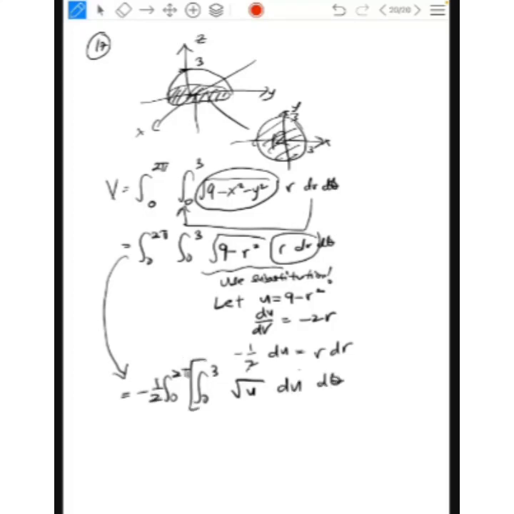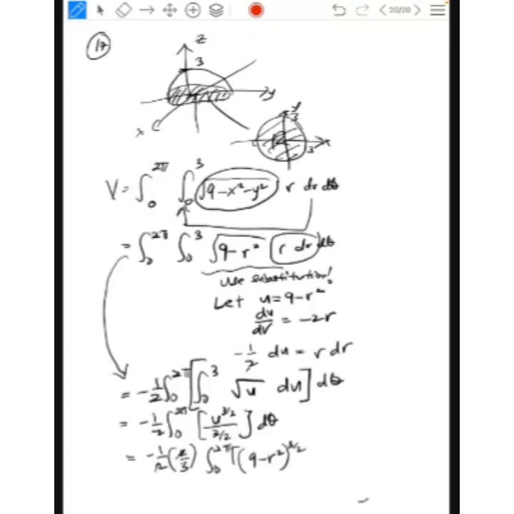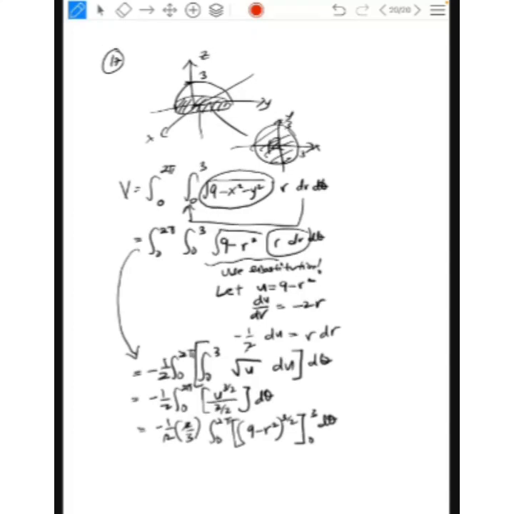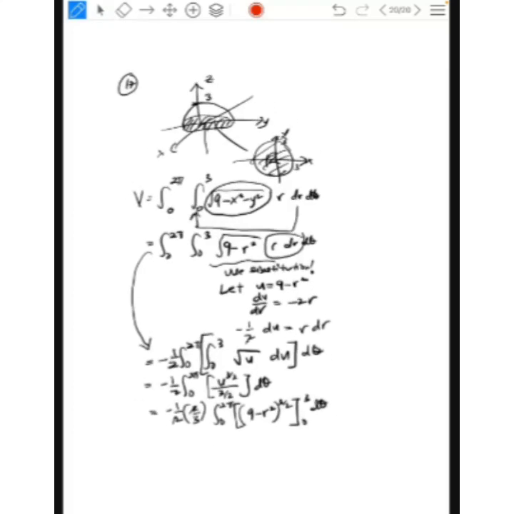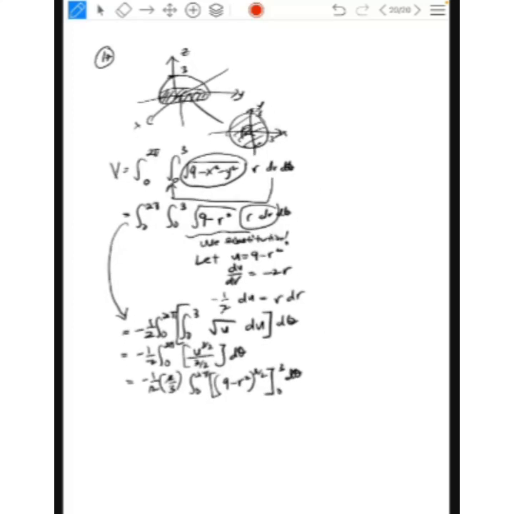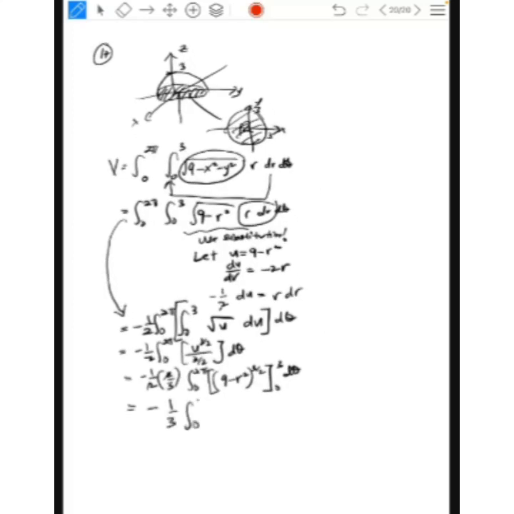So we solve for this one first. Okay, u to the power of 3/2 over 3/2. Okay, negative 1 over 3, from 0 to 3.